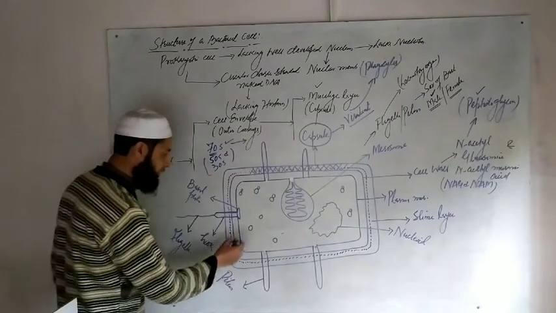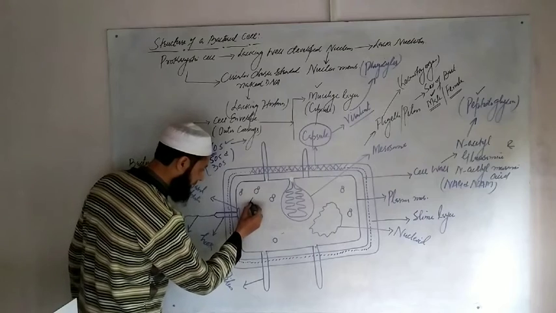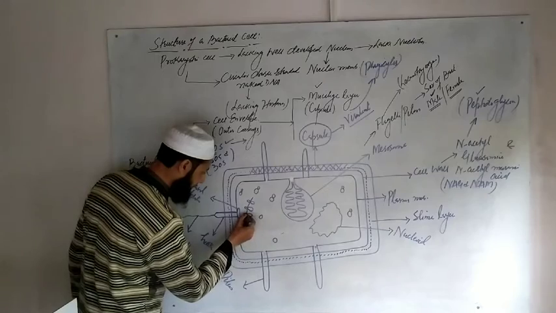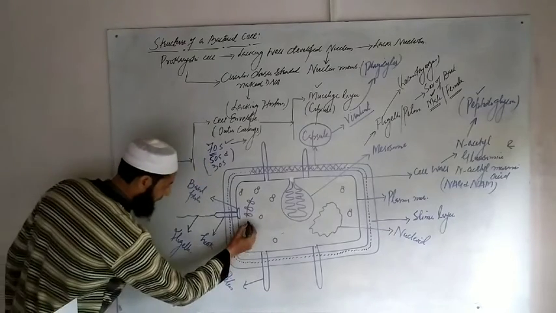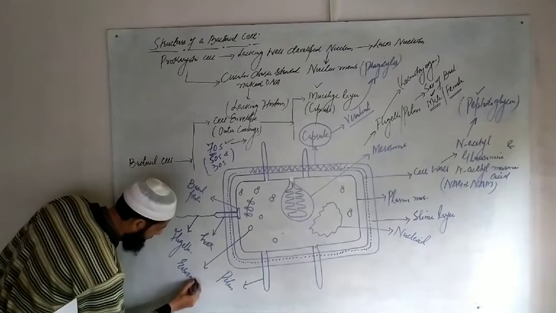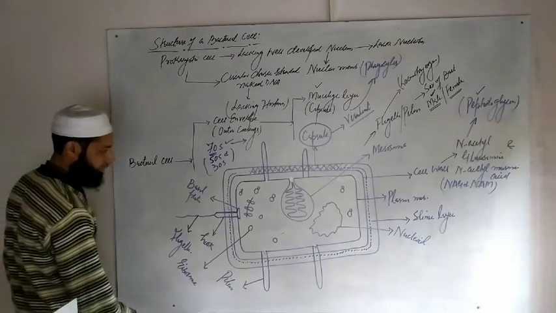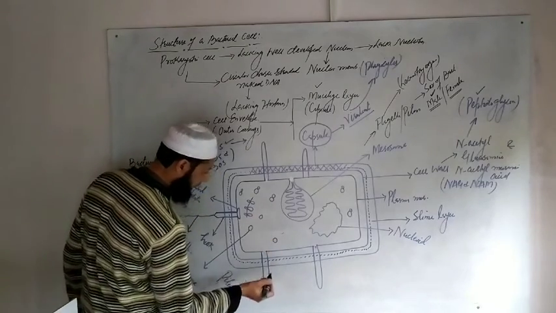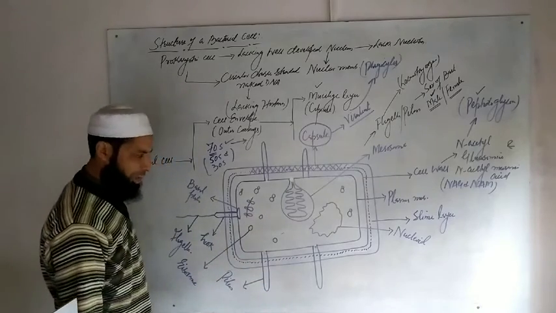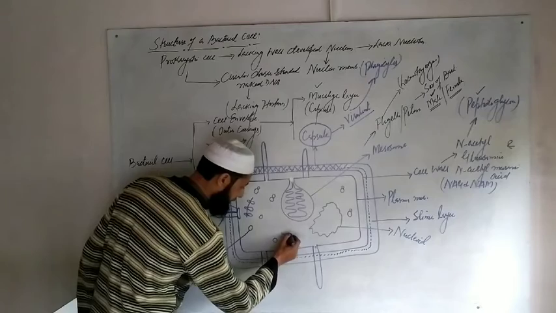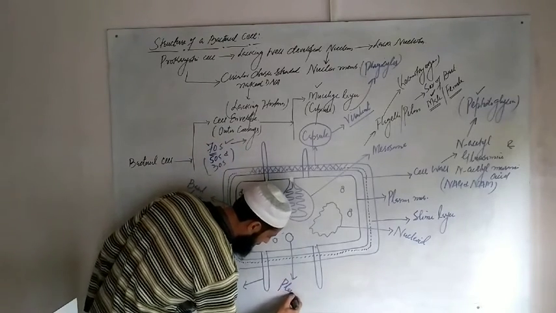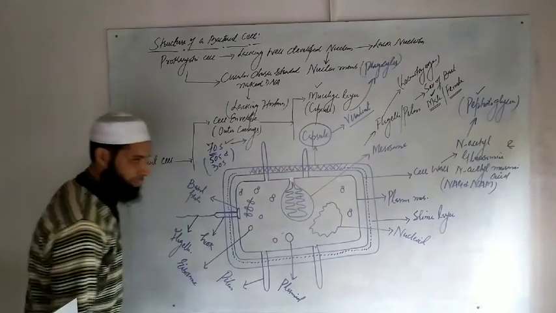Sometimes a number of ribosomes come together to form a polyribosome. In addition to ribosomes, this bacterial cell also has a specific organelle in the form of plasmid, that is extranuclear DNA.